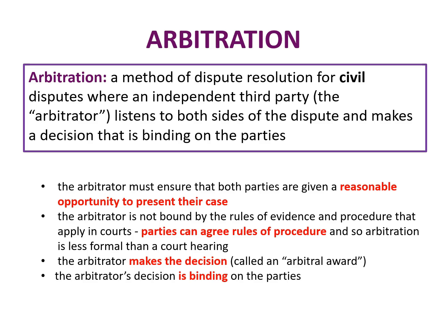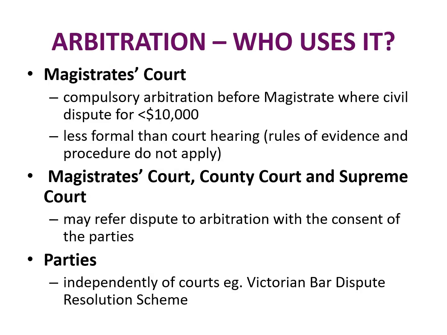Third, unlike mediation and conciliation, the dispute is resolved by a decision made by the arbitrator. That is, the dispute is not resolved by agreement between the parties. This decision of the arbitrator is called an arbitral award. And fourth, the arbitrator's decision is binding on the parties.